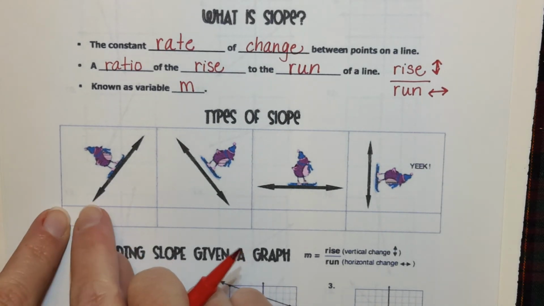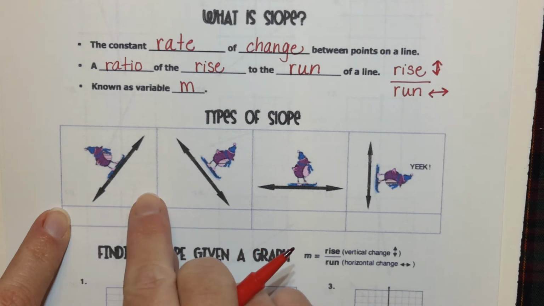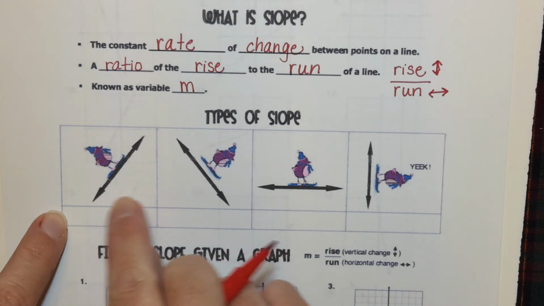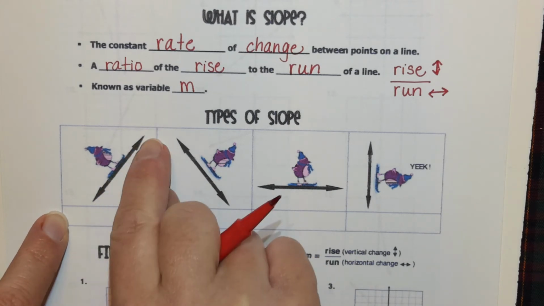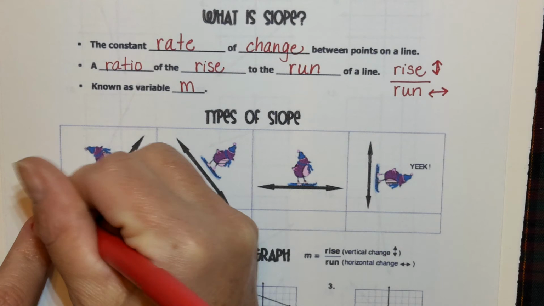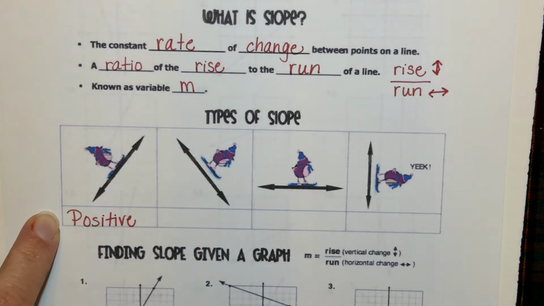All right, there are 4 different kinds of slope. Always consider slope like you would be reading a sentence, starting on the left and working toward the right. So going from left to right, if your line is going in the up direction, pointing up to the right, we call that positive slope.